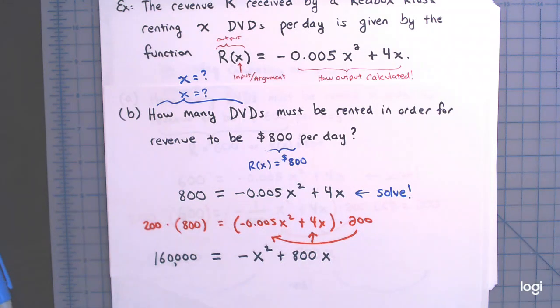It's very similar. And just like last time, I'm going to solve this by completing the square. All right, you can do another method if you want. Quadratic, get it in standard form, use the quadratic formula, or get it in standard form, solve by factoring if you can. But I'm going to use that completing the square again.